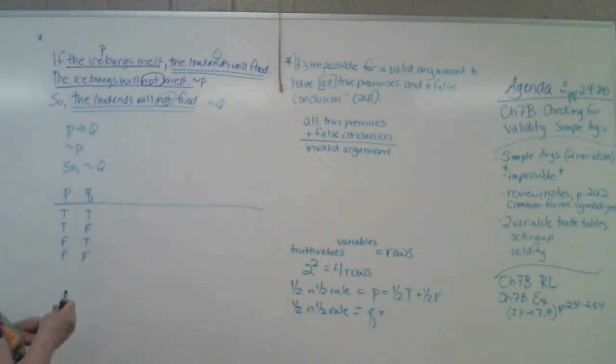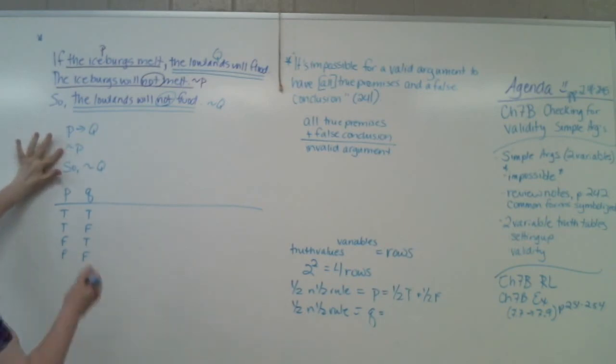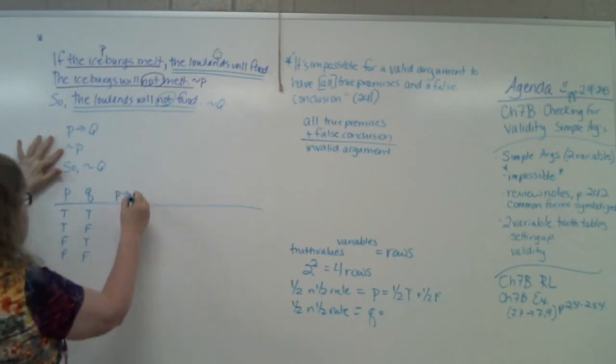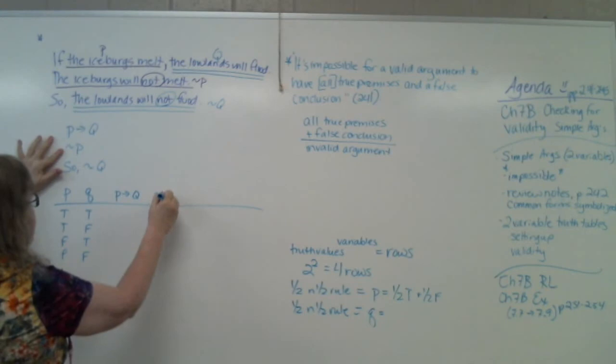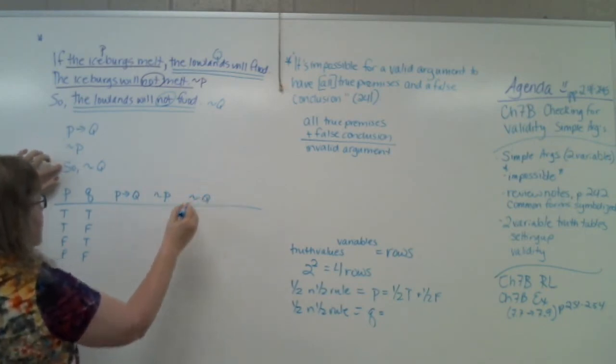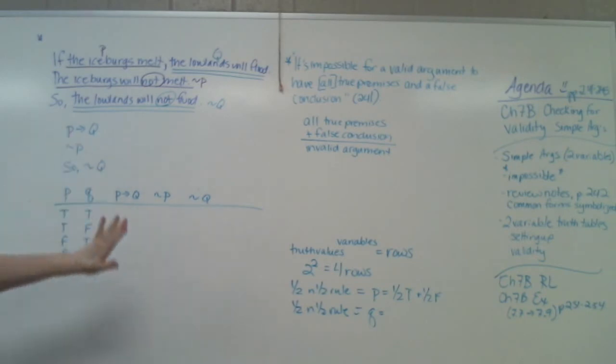Now, what I have to do in these particular pieces is to make sure I give each of my premises its own column. So if P then Q gets a column, not P gets a column, and then I have to give my conclusion its column. Okay? This is everything.